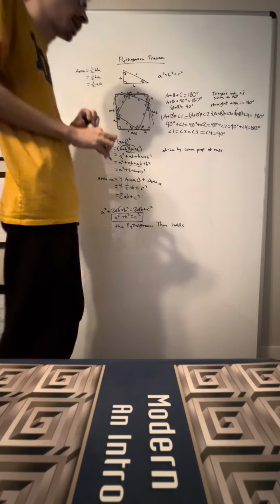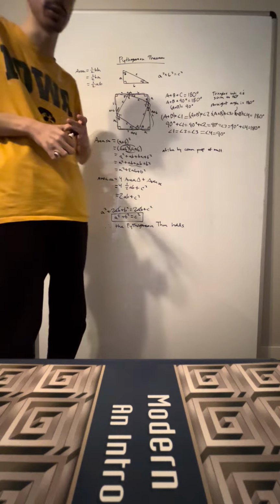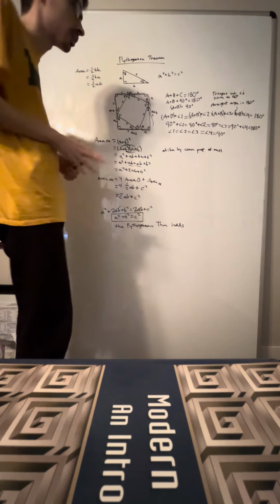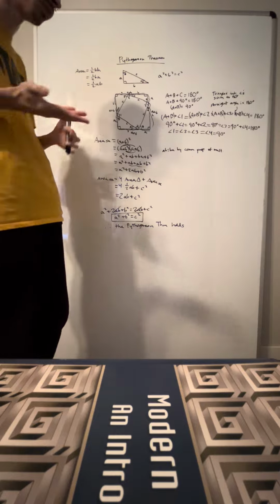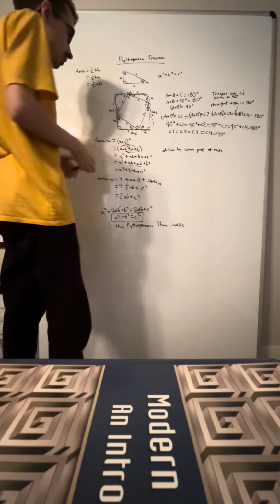Okay, so this is just a common way to prove it with a square. If you wanted to prove it with a trapezoid, that's not that much harder to do.